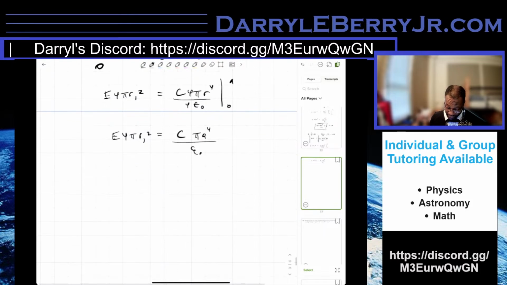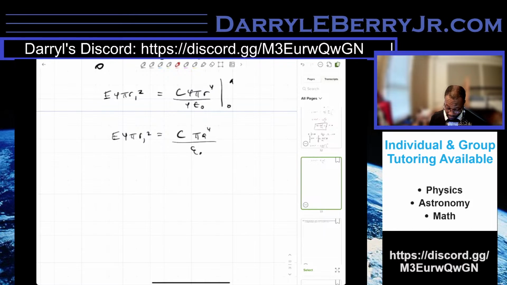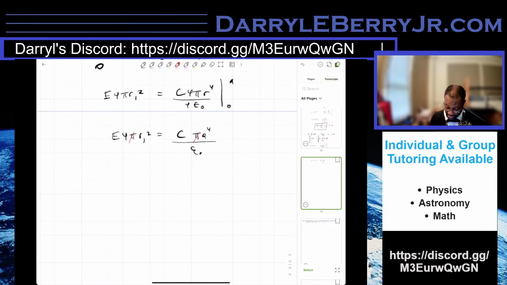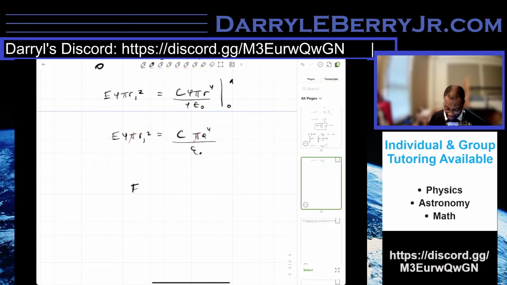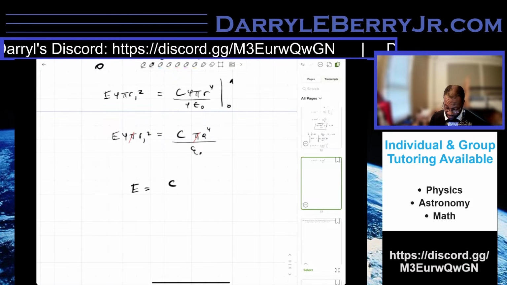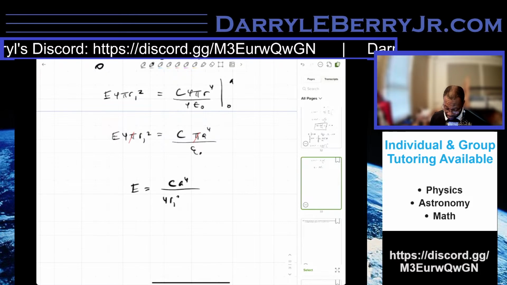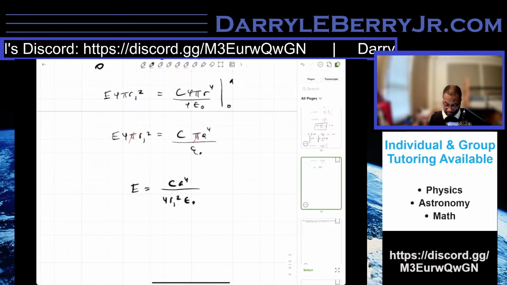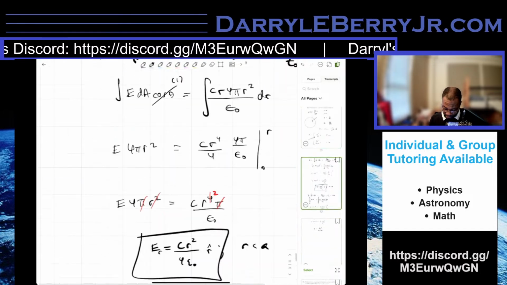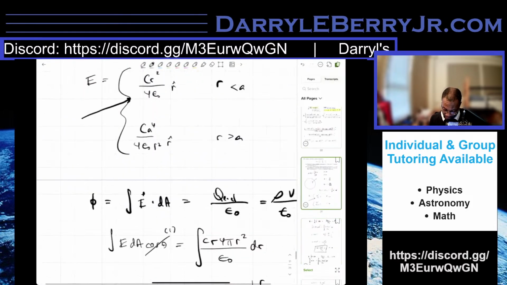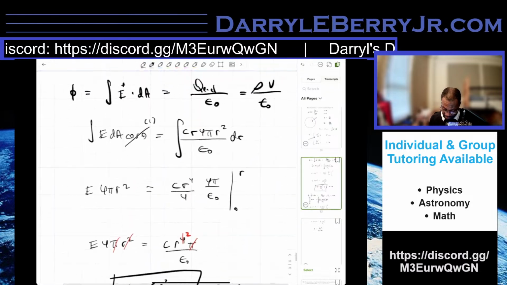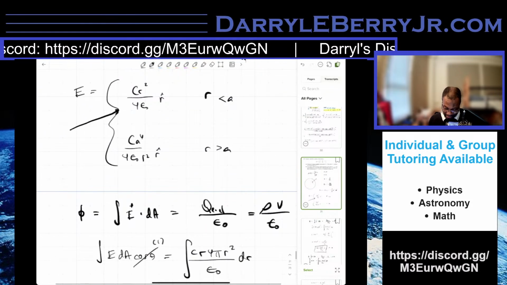So now those are different. So I can still cancel the pi's. Now we have E equals C a to the fourth over 4 r1 squared epsilon naught. And looks like that matches as well. We got that worked out.